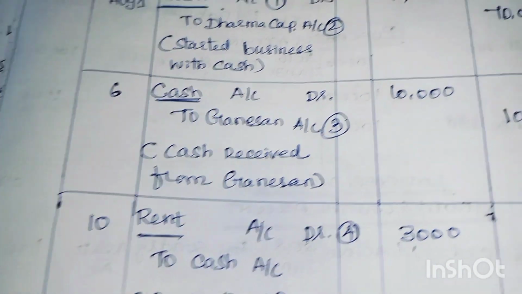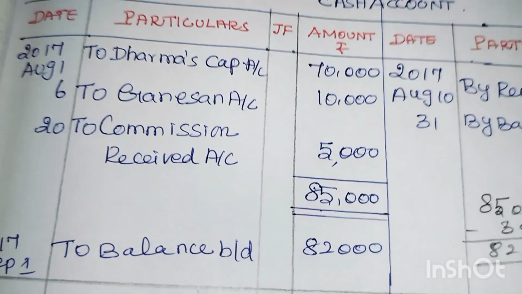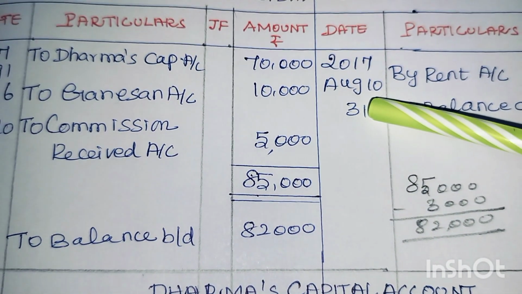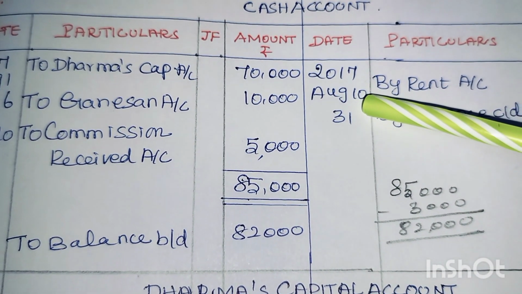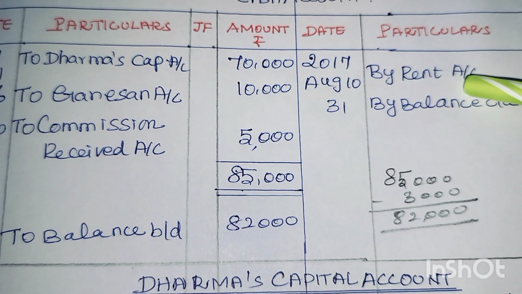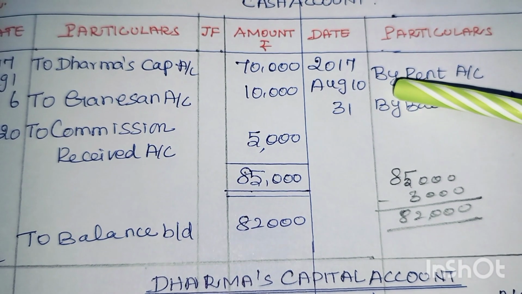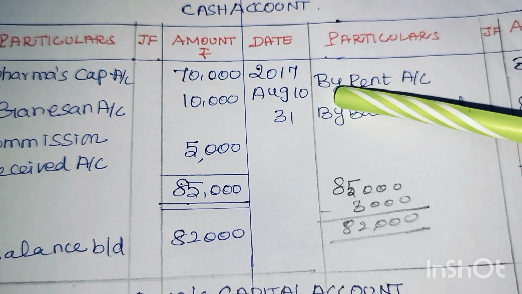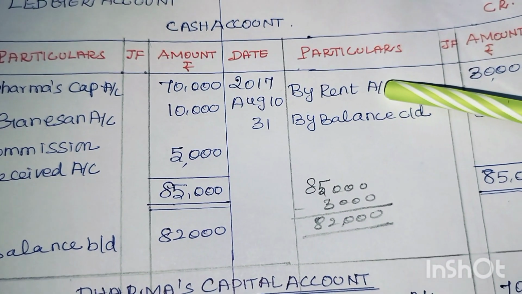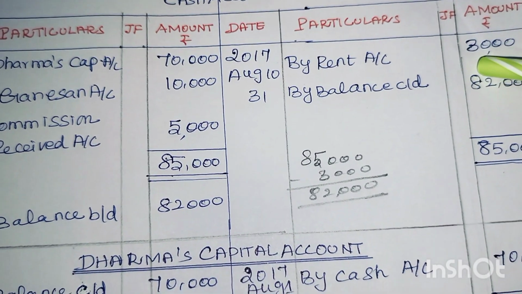So we come to ledger account and go to credit side, August 10. What is the opposite account? Rent account. Credit side always starts with by. So we have to write by rent account. How much rupees? 3,000 rupees.